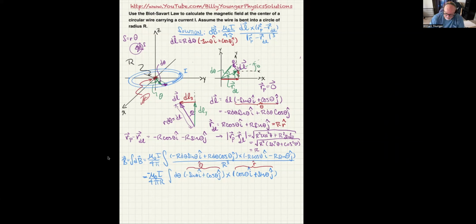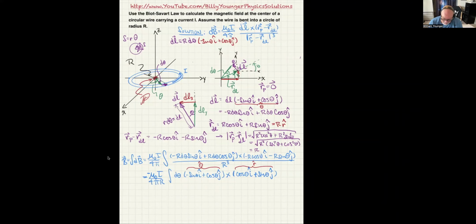And theta hat cross r hat, if you just look at it, for instance, in this figure right here, this is theta hat and this is r hat. So if you did theta hat cross r hat, then I think you can see that you would get it pointing in the negative z direction, because with that xy drawn, x to the right and y up, if you use your right hand rule again, your index finger has to point in the direction of the x-axis, your middle finger has to point in the direction of the y-axis, and you see z is pointing out of the page.